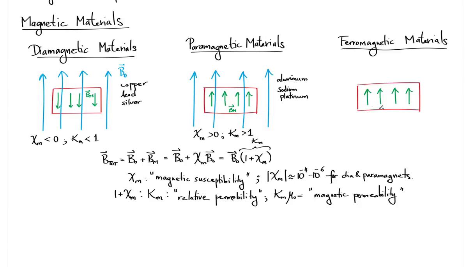So, for instance, if you ever dropped a refrigerator magnet, you'll notice that sometimes it doesn't stick as well. The reason for that is that when you drop the magnet, the mechanical energy that's dissipated can go into scrambling the domains. You can always reorient those domains by applying a larger magnetic field, which will reorient those moments.